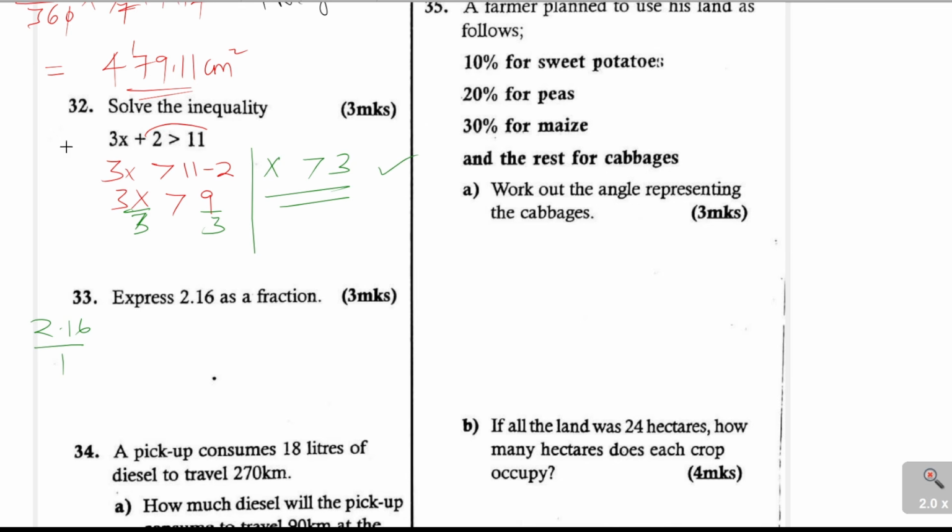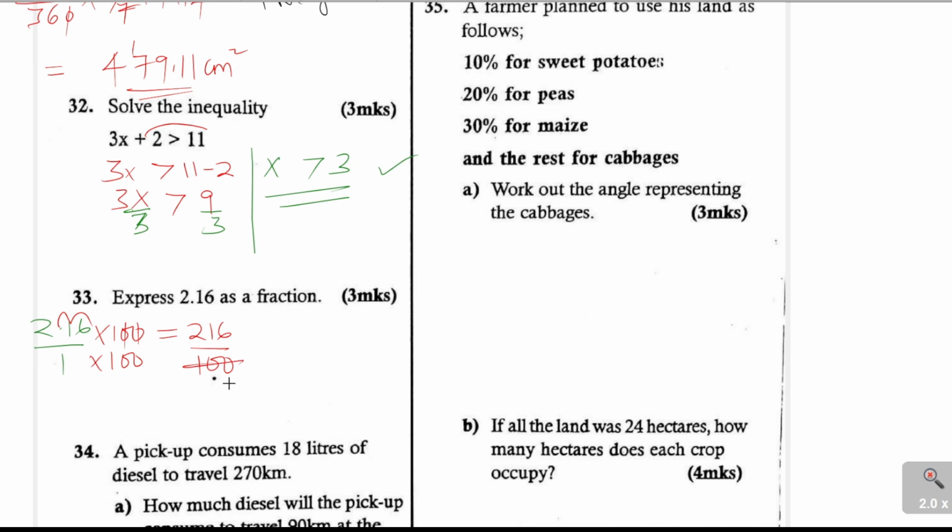There are 2 decimal places in the numerator, so you multiply by 100 in the numerator and 100 in the denominator. So these 2 decimal places will disappear. You'll have 216, and for the denominator, you have 100. Then from there, you can simplify. So 2.16 is the same as 216 divided by 100.